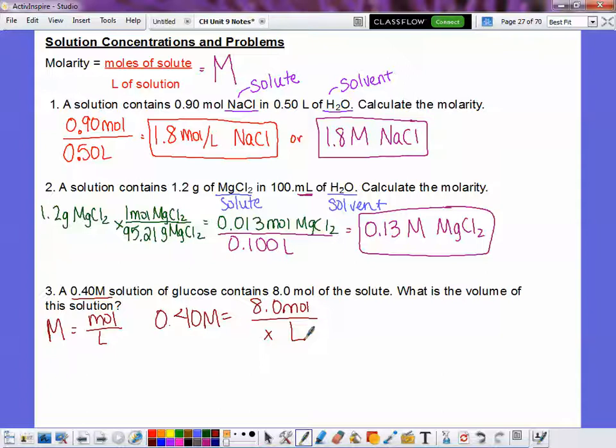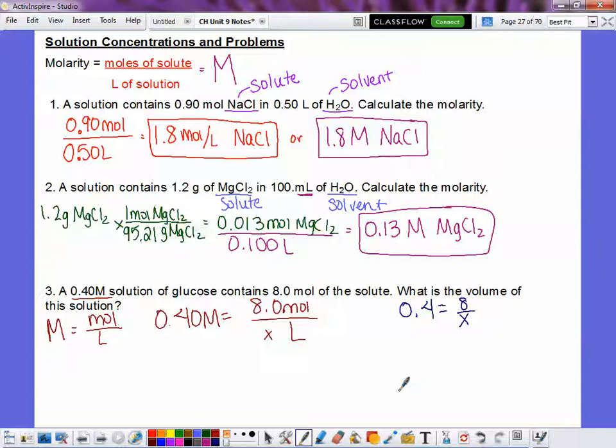If the units throw you off, get rid of them for the sake of doing the algebra and set it as 0.4 equals 8 over x. How are you going to solve for x? You need to get x out of the denominator.